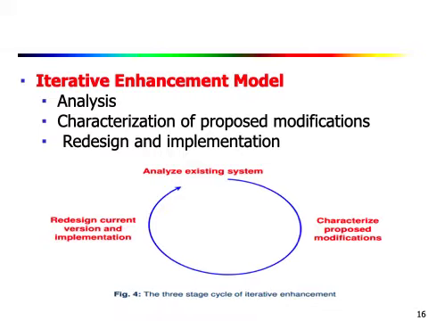So it happens iteratively. Once you implement and develop a new version of the software, you again analyze the system, find new modifications, characterize the proposed modification, again redesign, and this is happening iteratively. That's why it's called the iterative enhancement model.